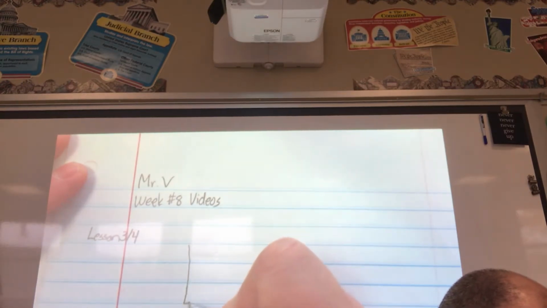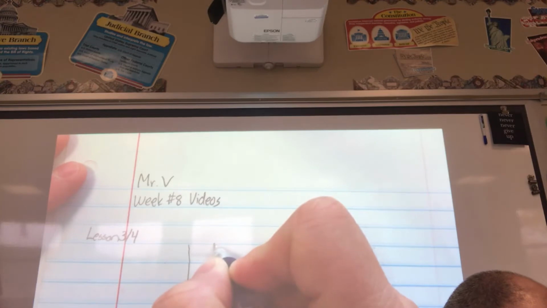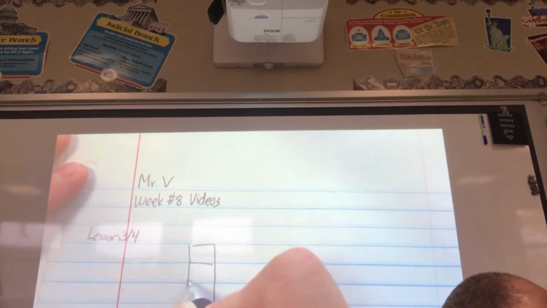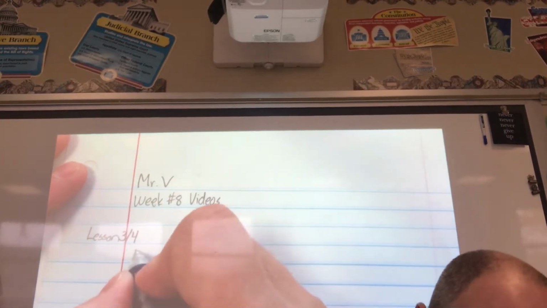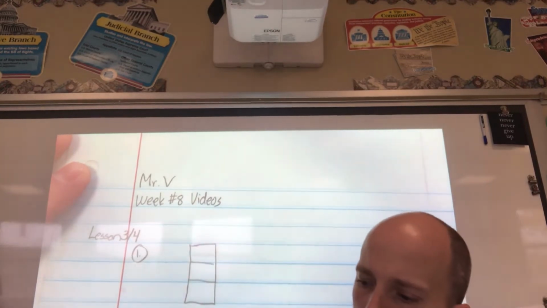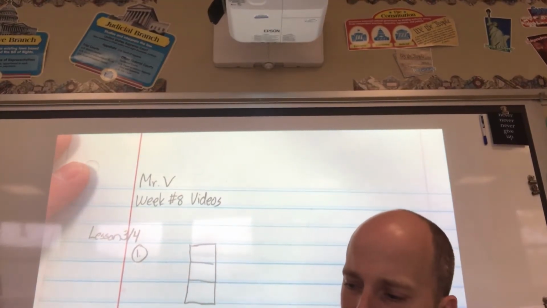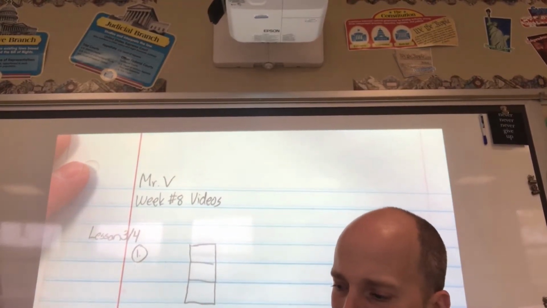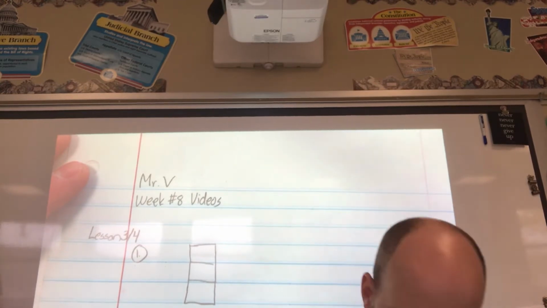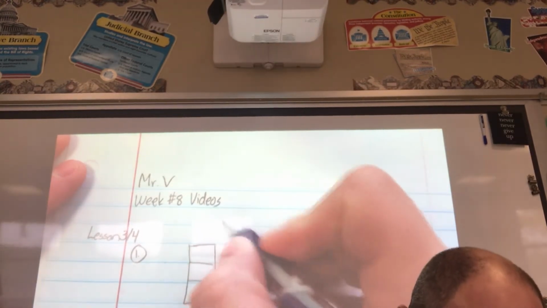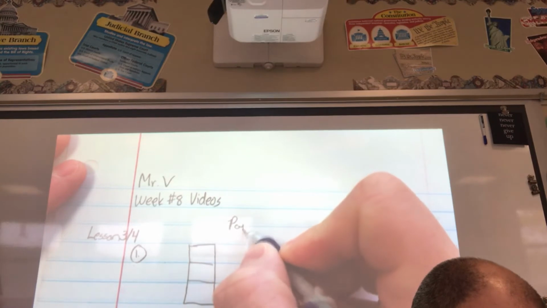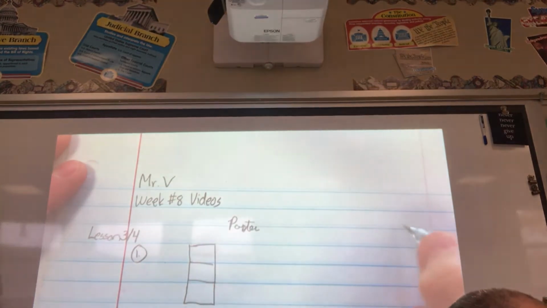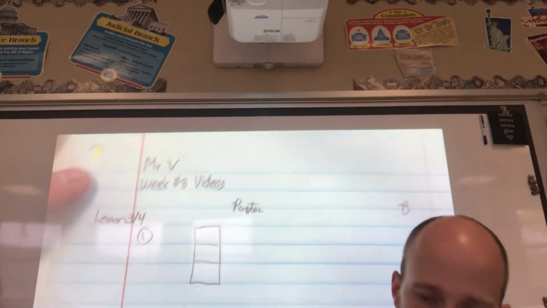I'm going to use my nice little blocks here. A banner is 5 times as long as it is wide. I'm going to put P up here, I'm actually writing poster, and a B over here for banner.